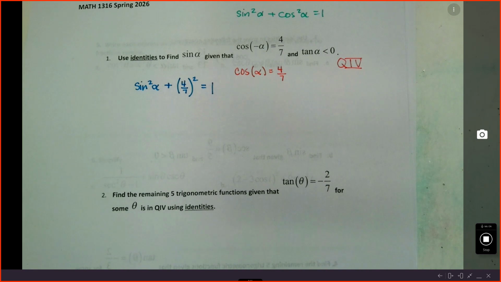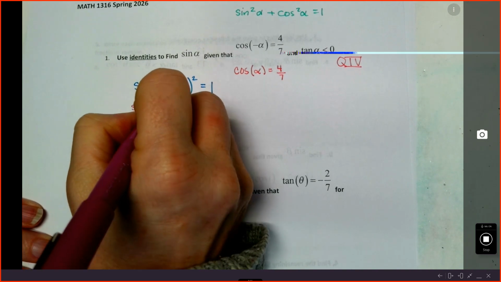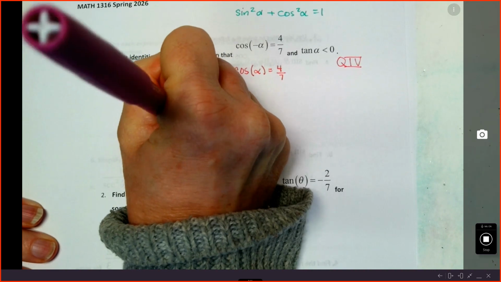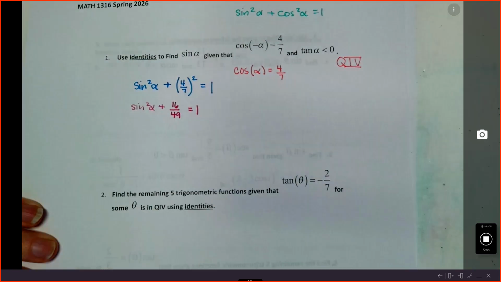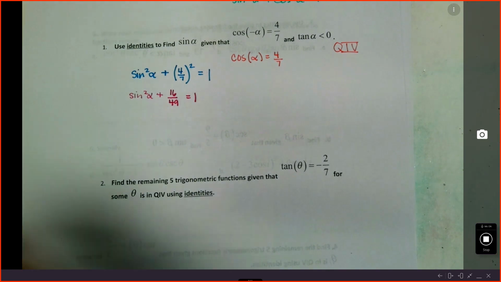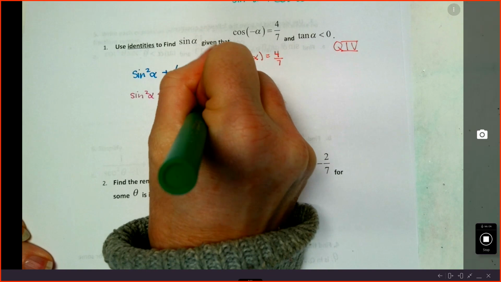And then at this point, now it's just arithmetic. Now I'm going to subtract 16/49 from both sides.